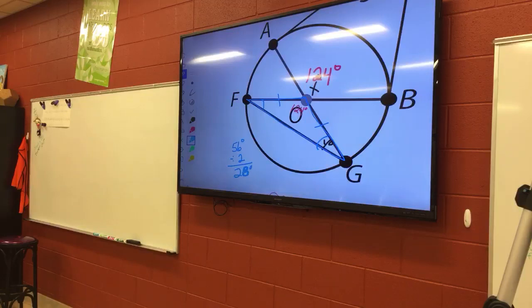And I know you guys are lucky that I talked about this problem because I believe there's one very similar to it on the test. I haven't looked at the test, but if I remember correctly, there's one.